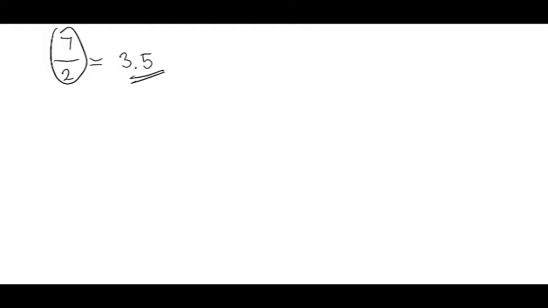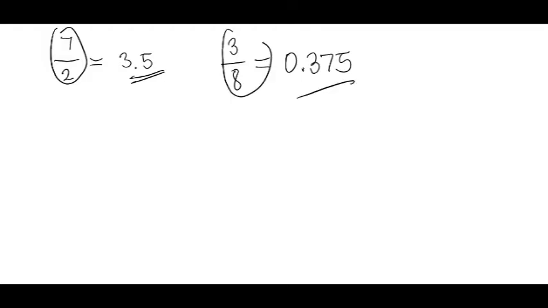And you may have seen some others, like say 3 over 8, which I think is 0.375. You can check that on the calculator and tell me off if I remember that wrongly. But again, it's a terminating decimal, and it can be represented as a fraction with an integer on the top and an integer on the bottom.